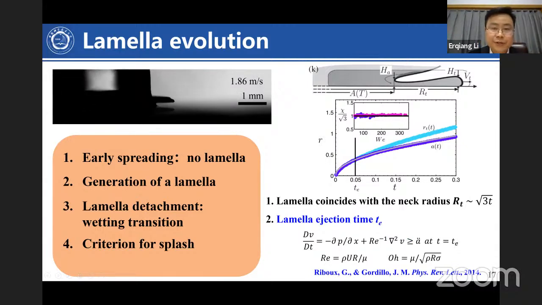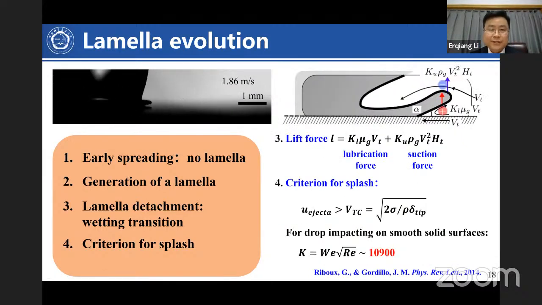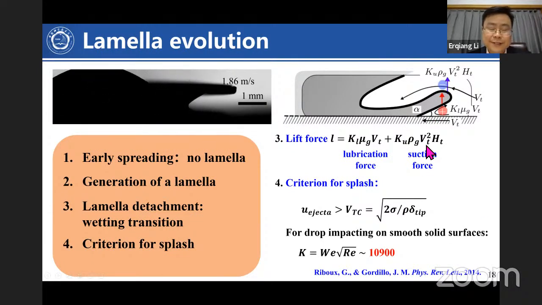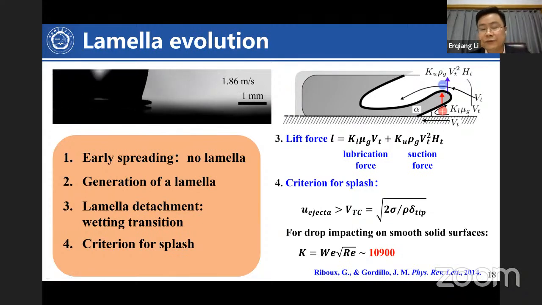We will use this equation later, it's very important. The third part is that if we want to produce a cavity, this lamina shouldn't always go along the surface, otherwise there will be no air entrapment and no cavity. So this lamina has to be lifted up or detached from the solid surface. What is the mechanism for it? In this 2014 paper, they use two forces that contribute to the lift force.